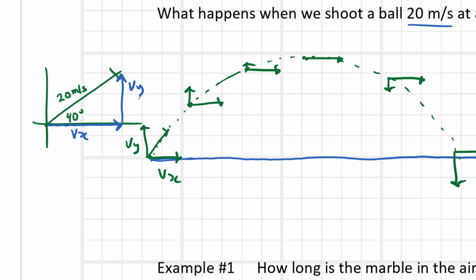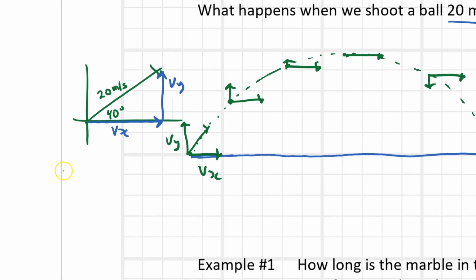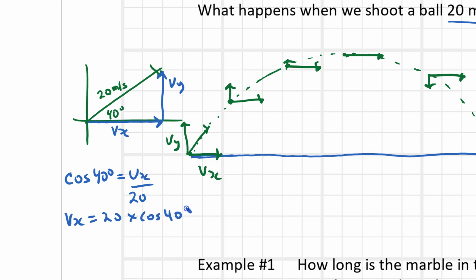If we look at that, it just looks like a triangle here. To figure out Vx, we would use cos. We'd say the cos of 40 degrees is equal to the adjacent over the hypotenuse, so that'd be Vx over 20 meters per second. To solve for Vx, we get Vx is equal to 20 times the cos of 40 degrees.